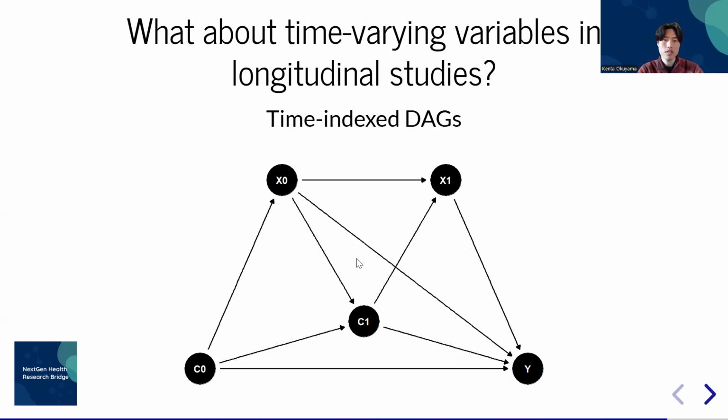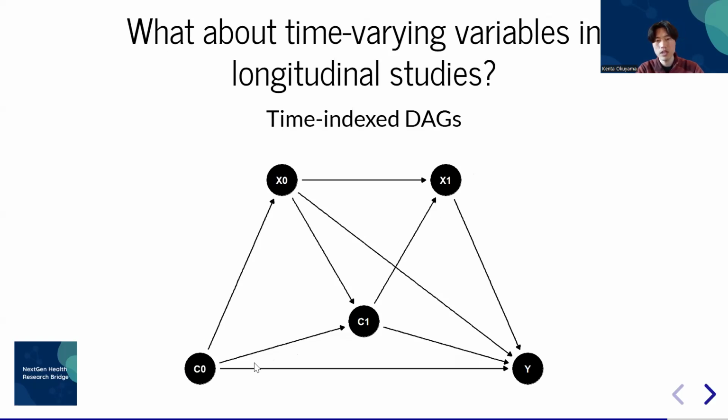For example, in this case, X is an exposure of our interest and Y is our outcome. And X0 is the exposure at baseline, and C0 is a potential confounder at baseline or prior to the baseline. But since exposure status may change over time, we encode it as X1, which is the status of exposure at the first or second follow-up period.